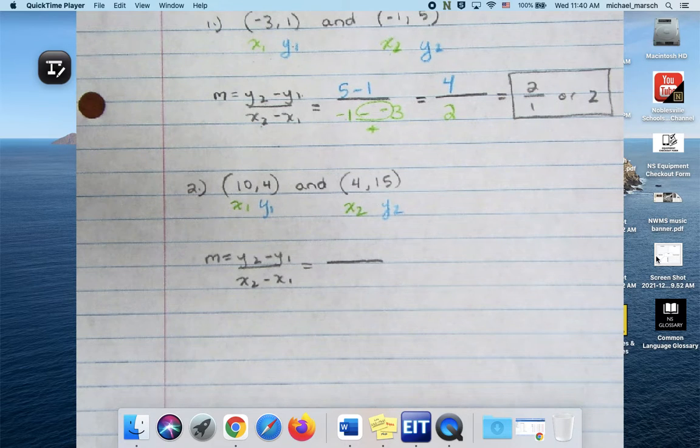What will be in my numerator? What subtraction problem? Addison? Oh, Mia? 15 minus 4.